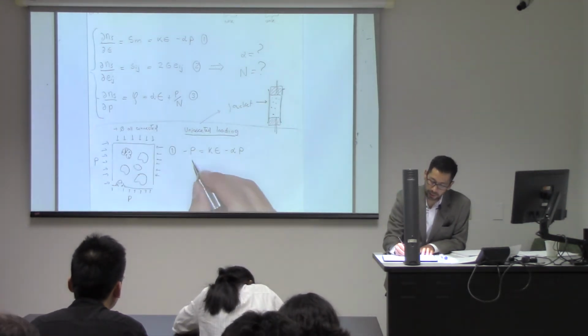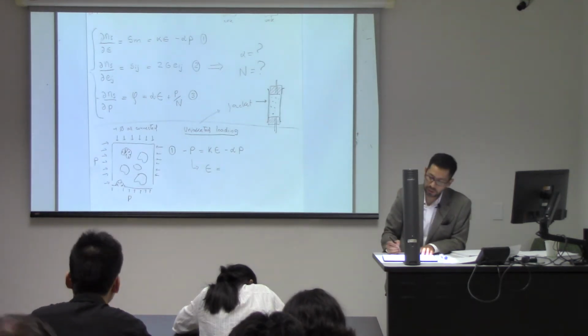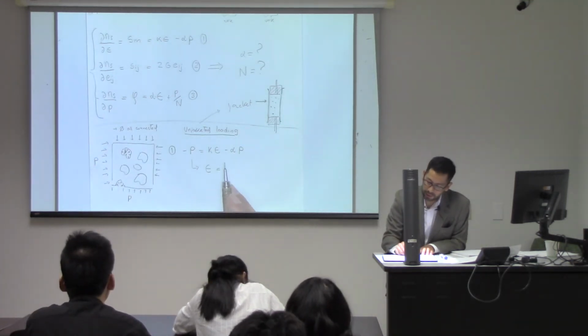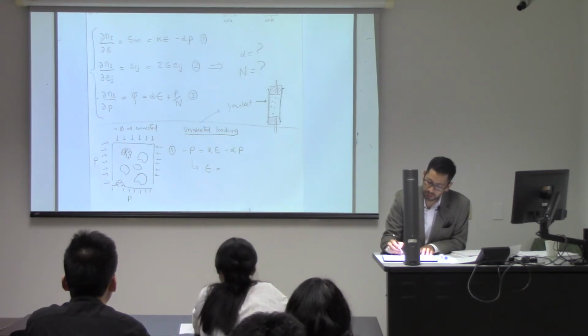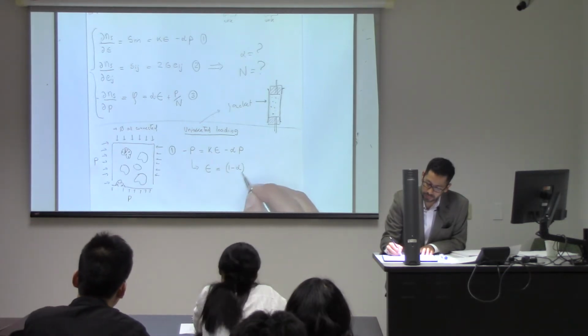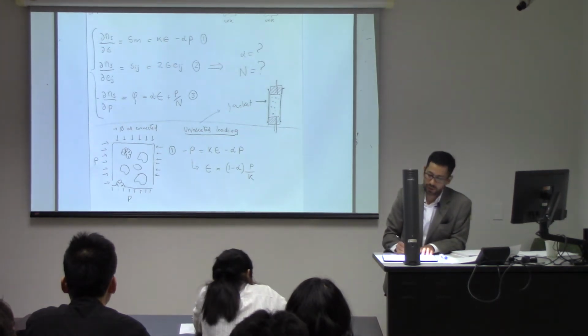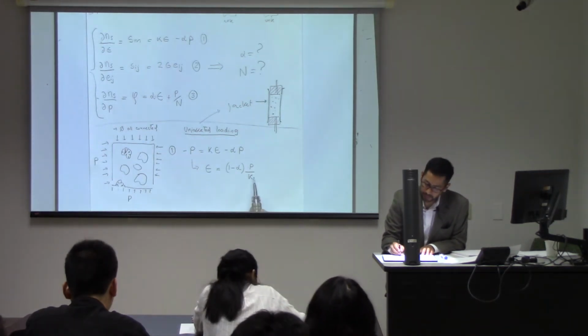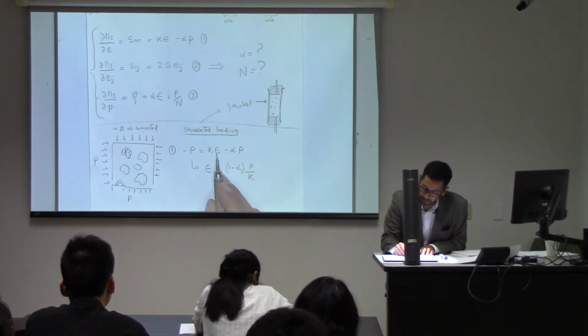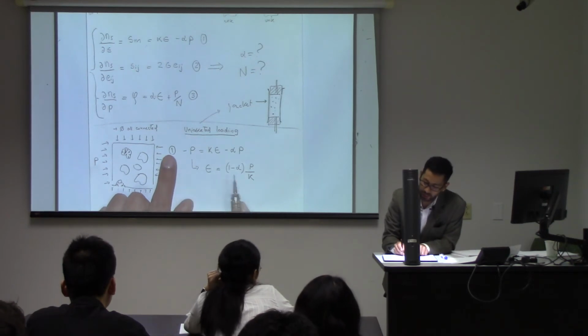From here, I'd like to calculate the strain that I'm going to measure by doing such a test. I have to move this alpha to the other side, so it's going to be 1 minus alpha times P divided by K, right? And no, wait. This is going to be positive. Since this alpha is positive on this side, I need to add a negative here, okay?